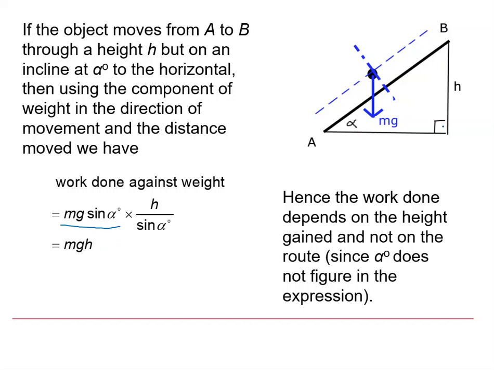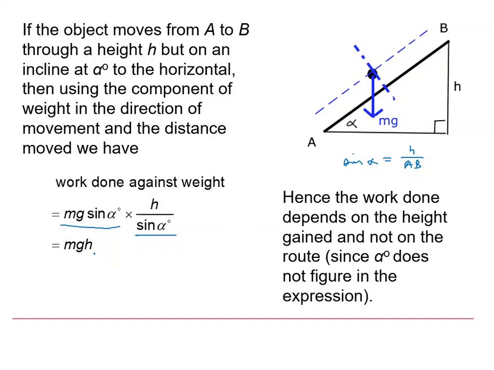And the distance, if we're rising a height h, by doing a trig analysis on this triangle, sine alpha is equal to h over AB. We can soon see that AB is h over sine alpha. So the force component times the distance moved gives us that expression, and lo and behold, the sine alpha cancels out. So you end up with mgh.